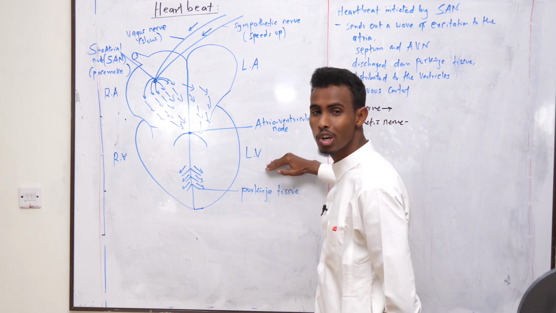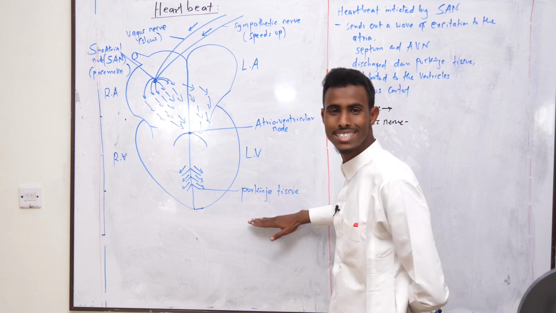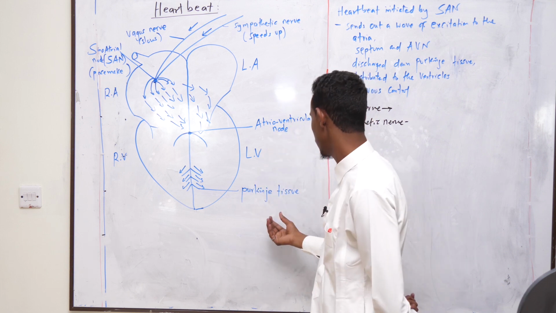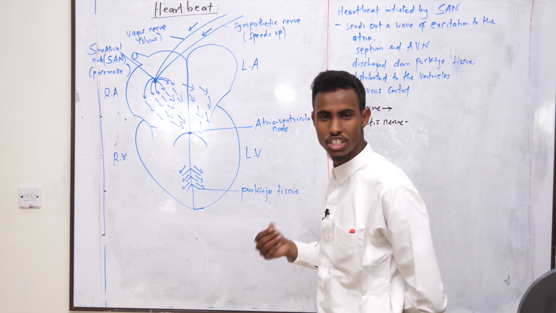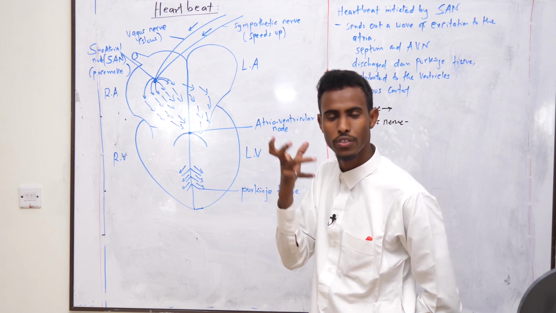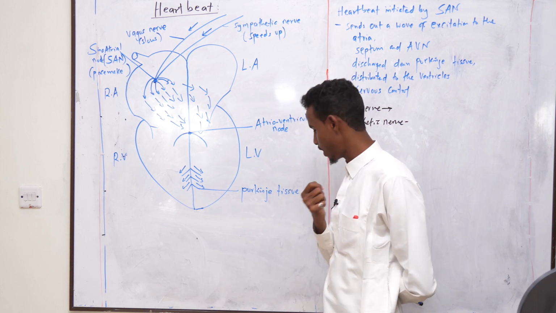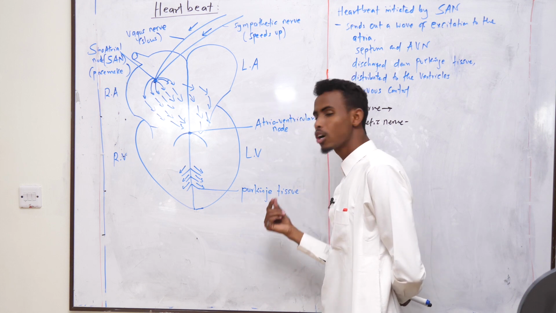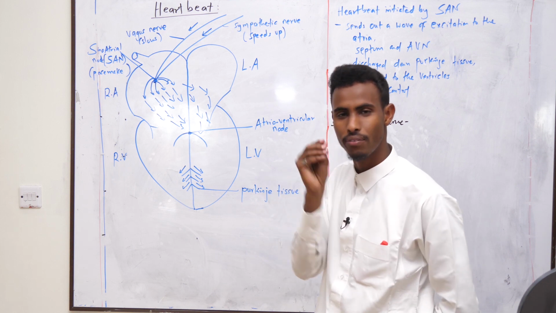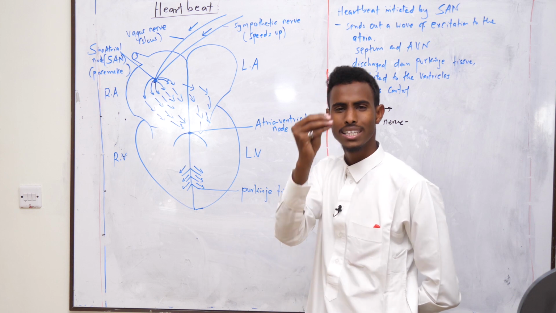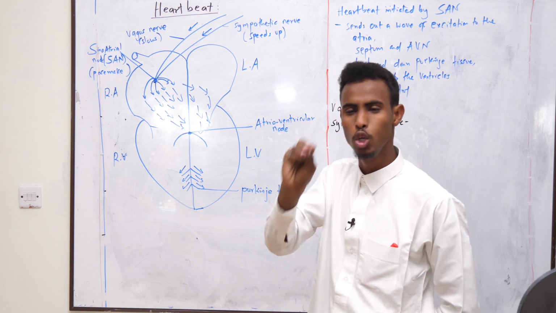After the atrial systole, it is followed by ventricular contraction. Now, the ventricular contraction generates a pressure. When the ventricles contract, the walls generate a pressure. That pressure closes the atrioventricular valve, and the closure of the atrioventricular valve produces the first heart sound, that is the lub sound.